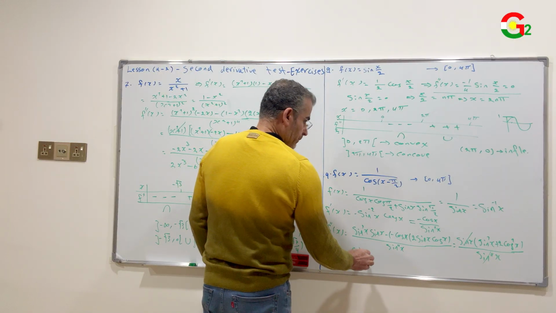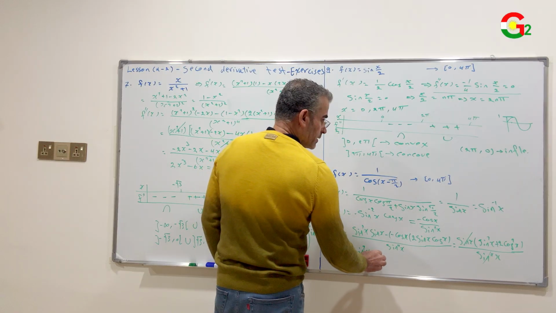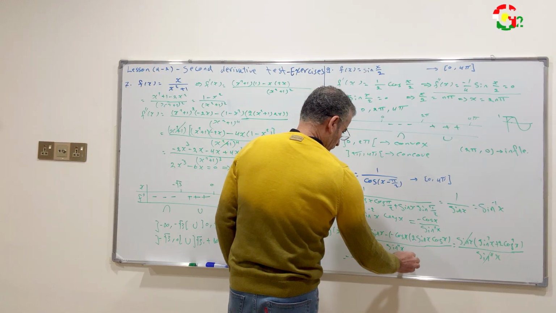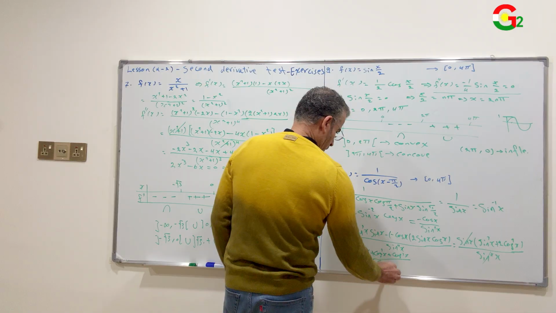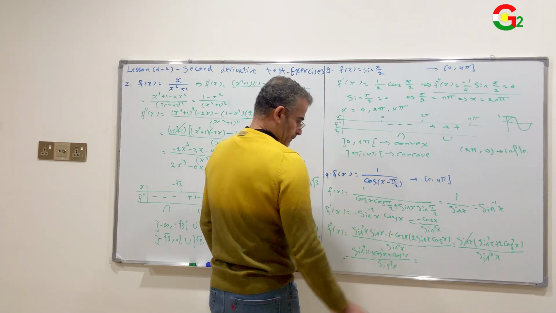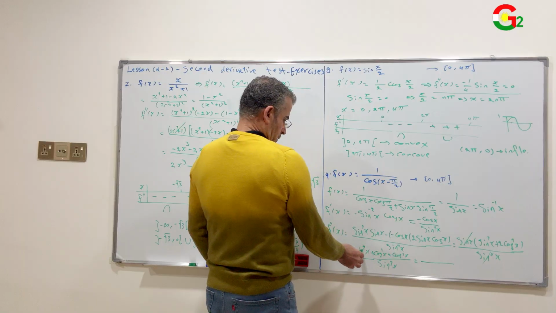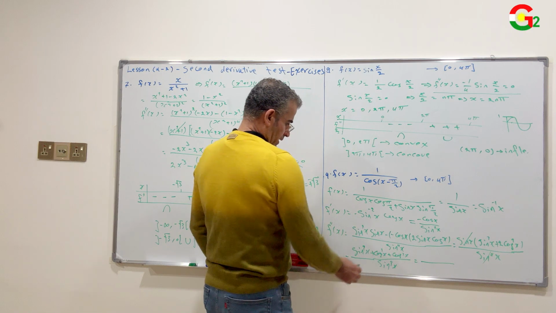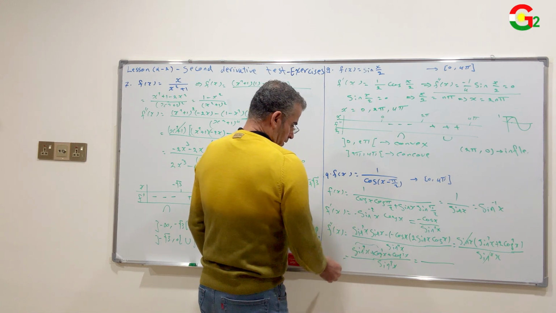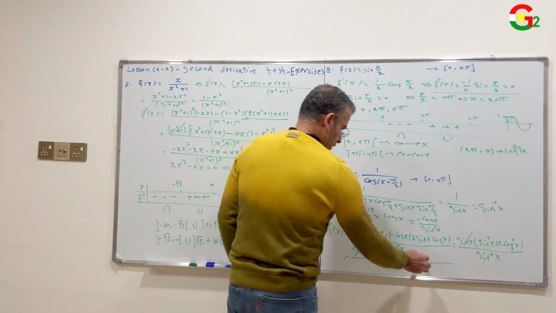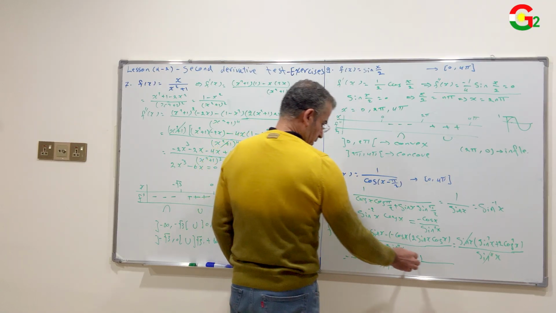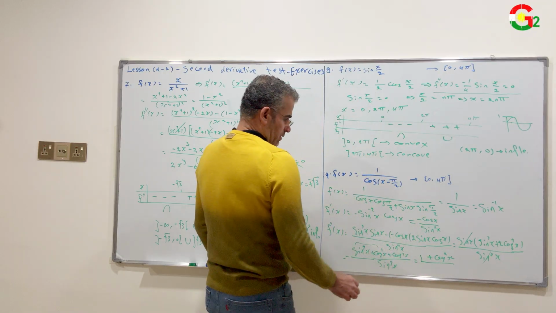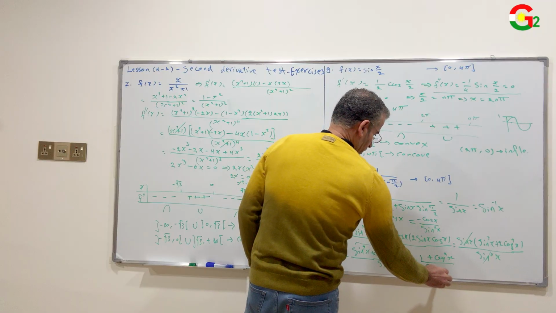Then sine square x plus cosine square x plus cosine square x over sine power 3x equal to, I rewrite 2 cosine square x as cosine square x plus cosine square x because I want to set 1 instead of sine square x plus cosine square x. So the derivative will be 1 plus cosine square x over sine cube x.